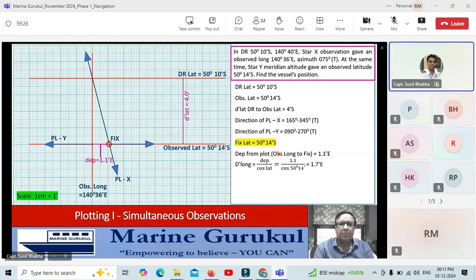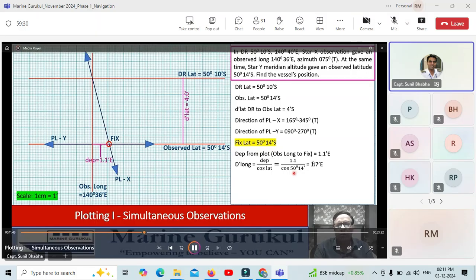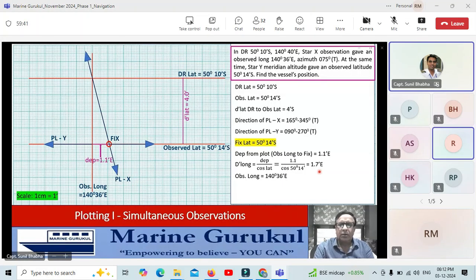We convert this departure into D long by using the cosine parallel sailing formula for latitude 50 degrees 14 minutes, and we get the D long as 1.7 minutes east.